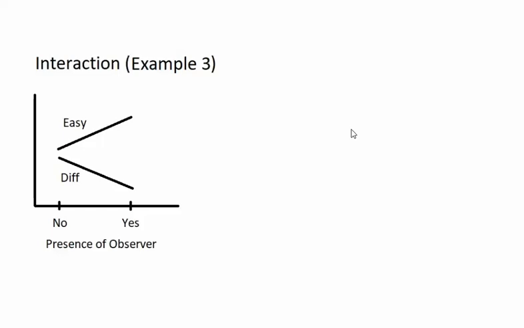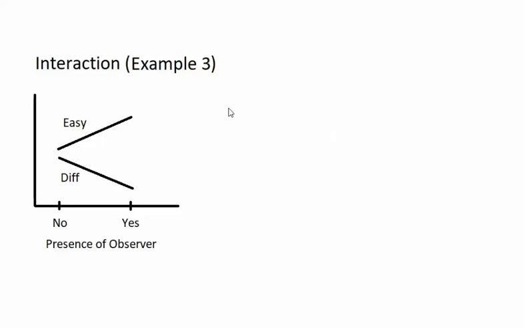What researchers have found is that when the task is easy, an observer is helpful and leads to higher performance, but if it's a difficult task, the observer is actually harmful, and the person will do worse when being observed.